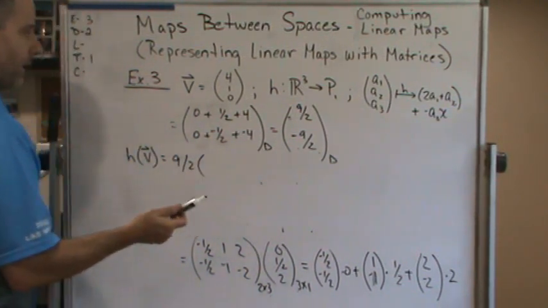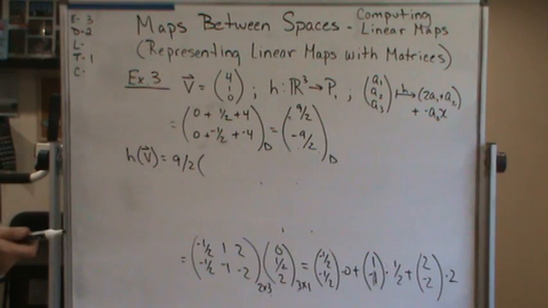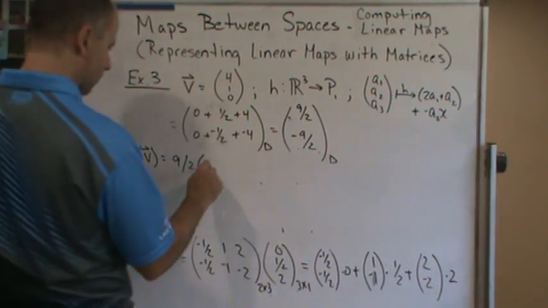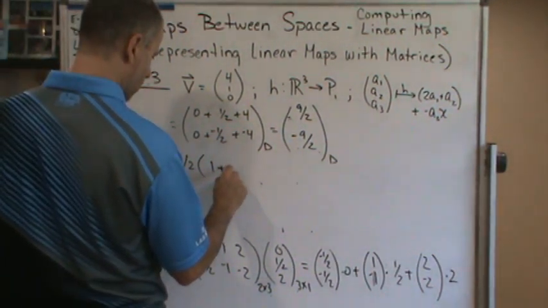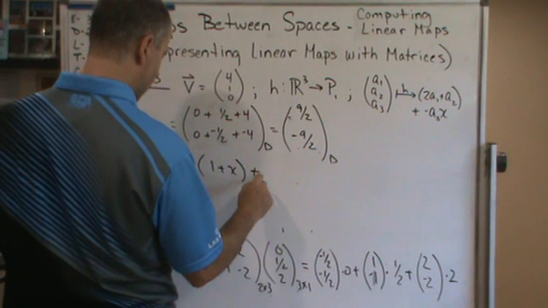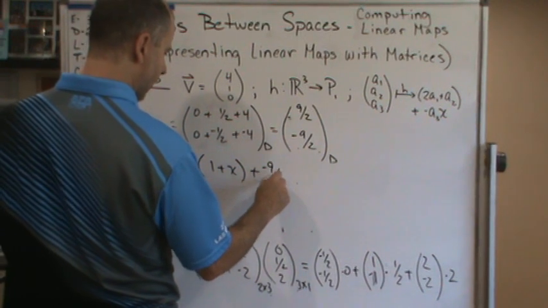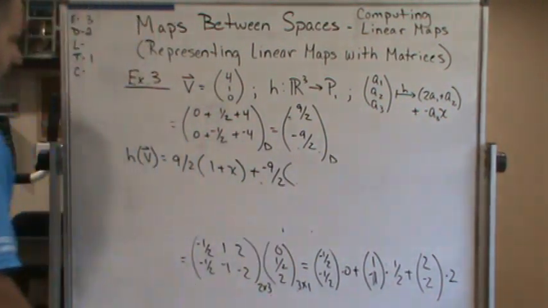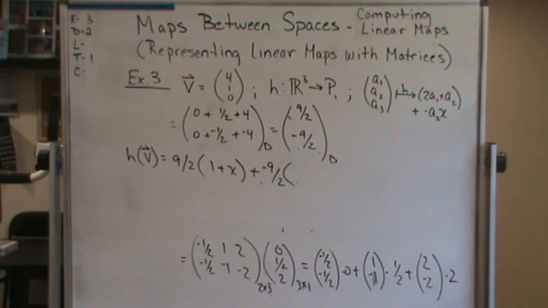It's going to be the basis in D, which we were told is 1 plus x, plus negative 9/2 times the other vector, which is negative 1 plus x.